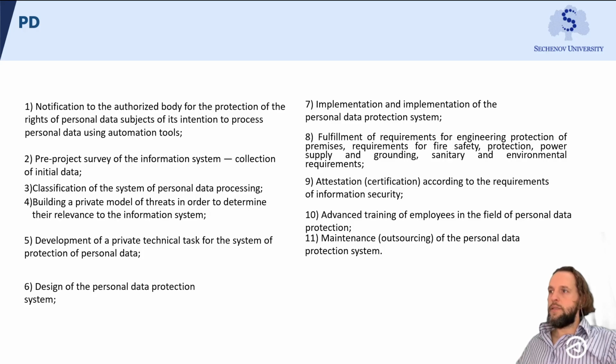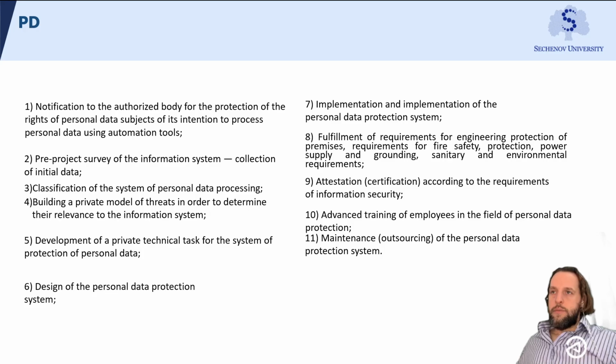Then we need to build a model of threats to this information and introduce how these risks will be managed. Next, we will need to design requirements for this system, and we will need to design a personal data protection system on its own.